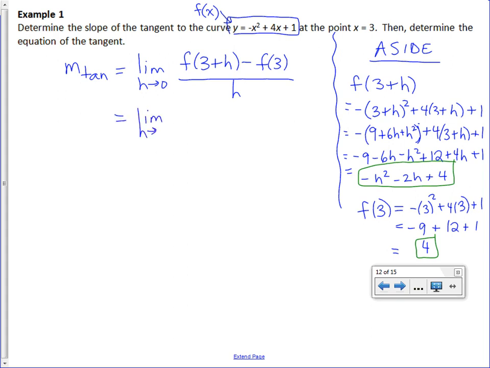You got to remember to keep writing until you can put 0 in your mind, and you have to keep writing limit as h goes to 0. Okay, you can't just go like ditto or anything like that. You have to write this. Okay? So I'm going to replace the numerator with negative h squared minus 2h plus 4 minus 4 all over h.